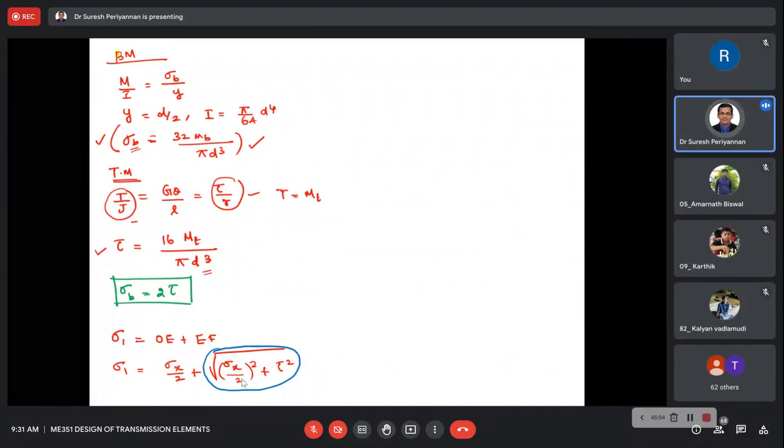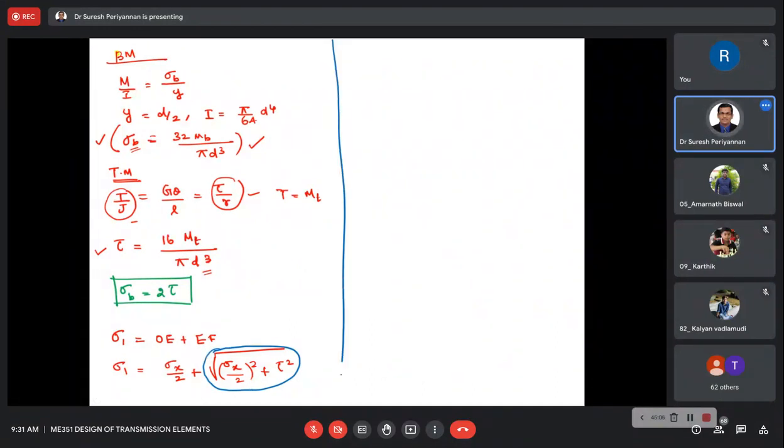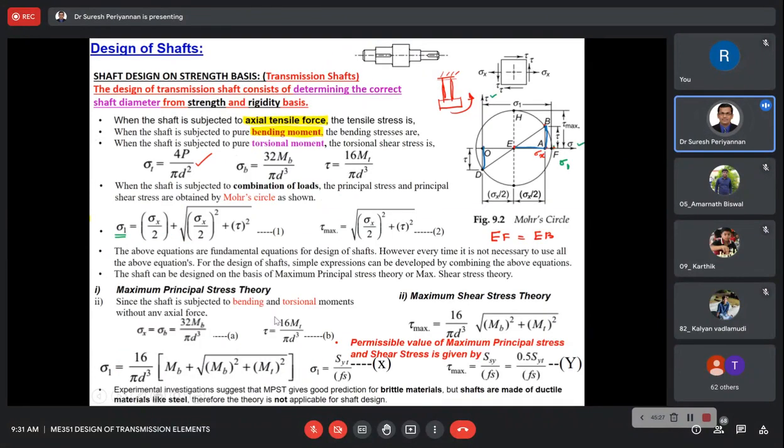Now this is our maximum principal stress. What is tau max? You already know very well that tau max is equal to this EB part. We use this to design the shaft component.